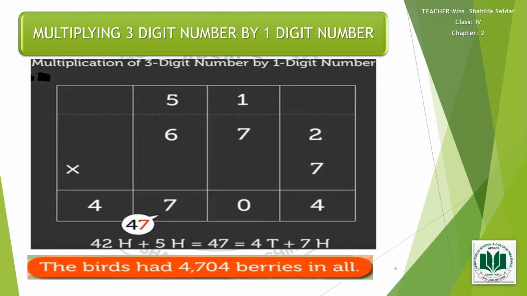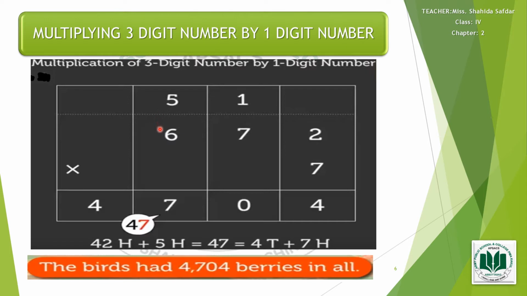The answer will be 49 tens. Now we will add 1 which is carried over here in 49 tens. The answer will come, that is 50. Now we will regroup 50 as 0 tens and 5 hundreds.